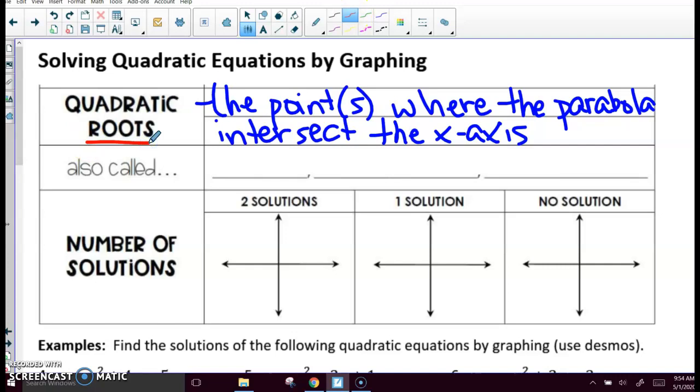Roots is one of the words we use to describe that. We also have some other words that are synonyms for roots: zeros, solutions, and what we had called them prior, x-intercepts.